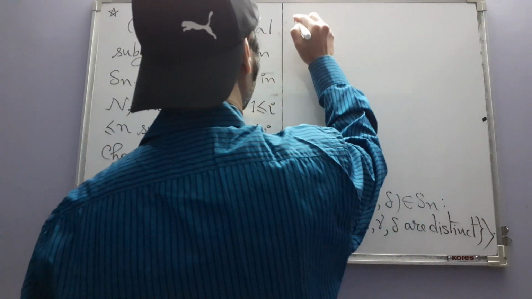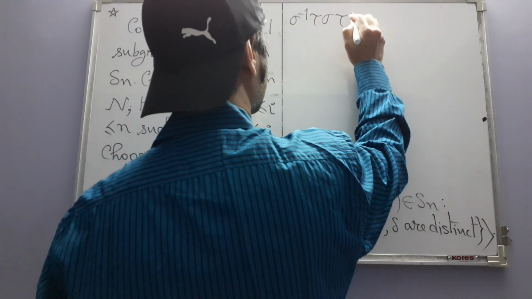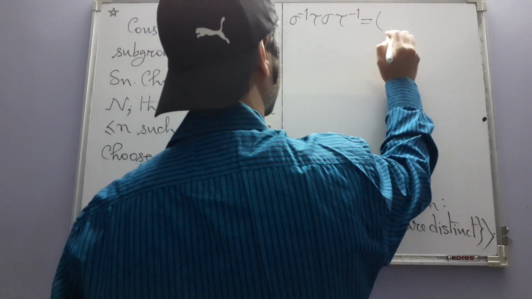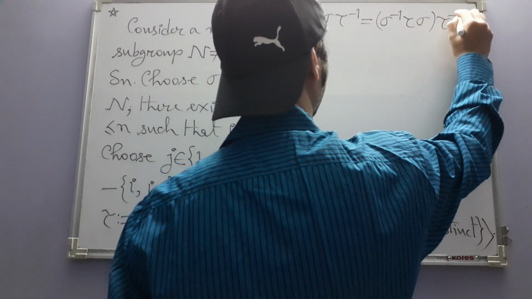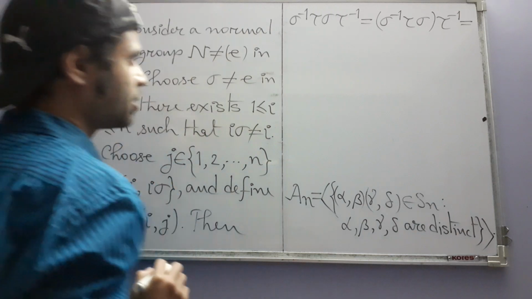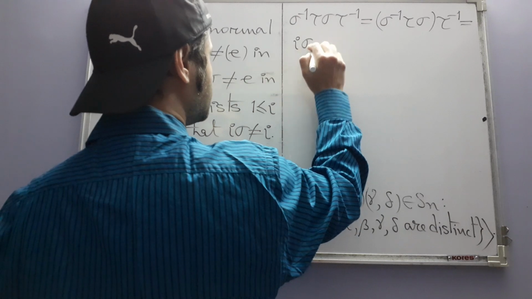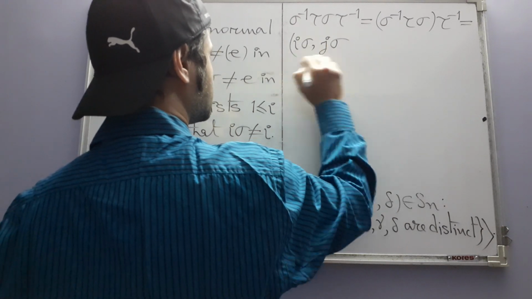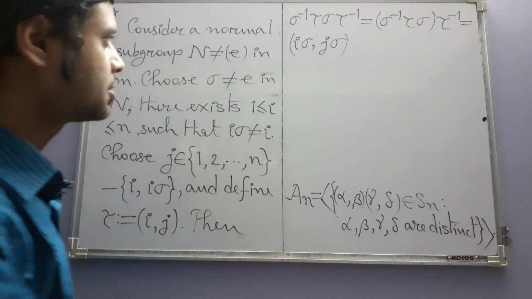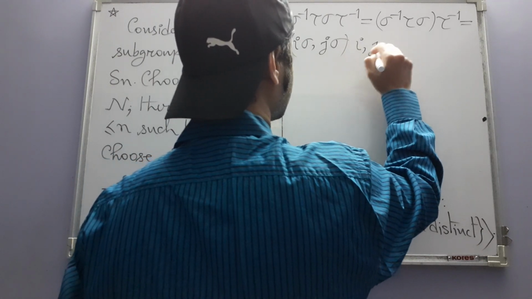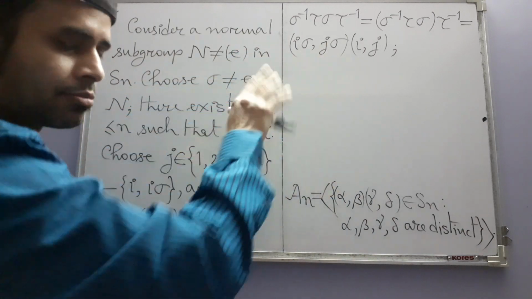Then sigma inverse tau sigma tau inverse, which can be thought of as sigma inverse tau sigma, and along with that tau inverse, and this becomes equal to sigma inverse tau sigma becomes I sigma comma J sigma, and tau inverse, because tau is a transposition, its inverse is itself, I comma J. How exactly we are getting this, I am coming to that.